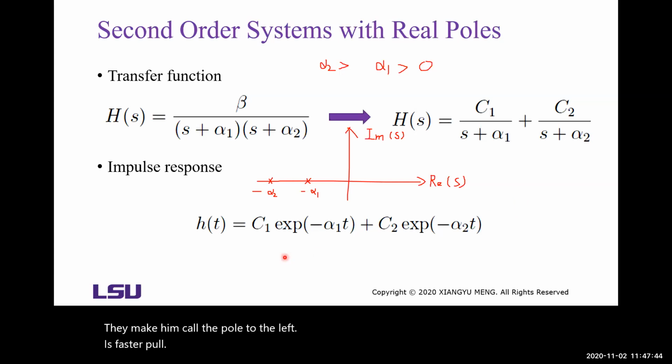We can also see that the impulse response of a second order system is just the sum of the impulse responses of two first order systems.